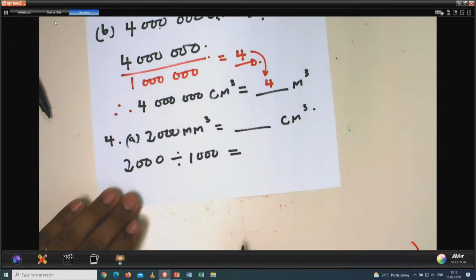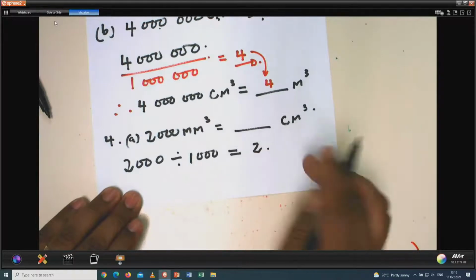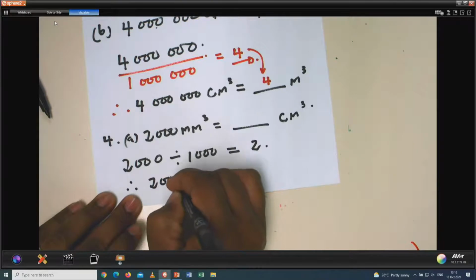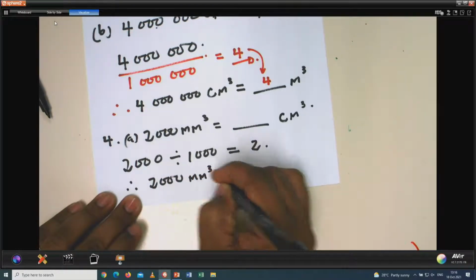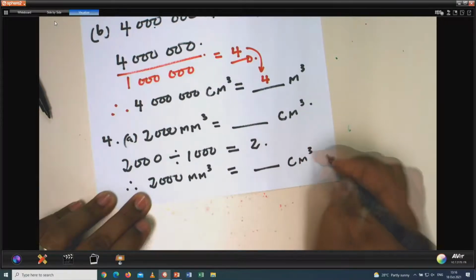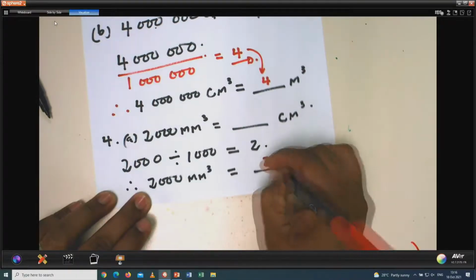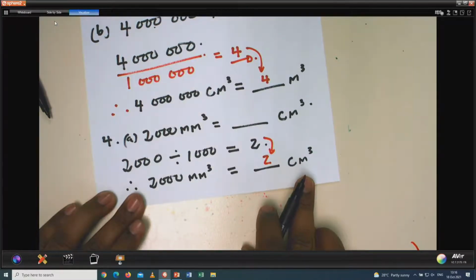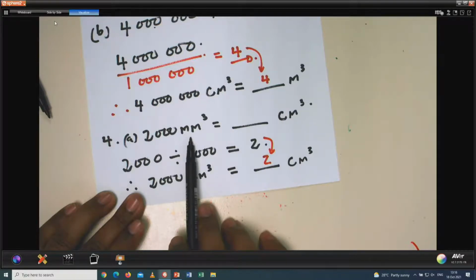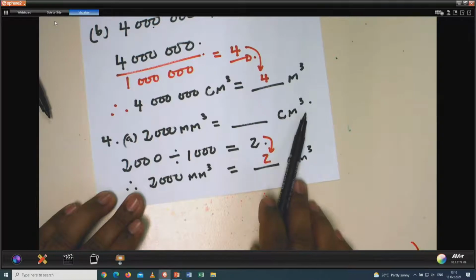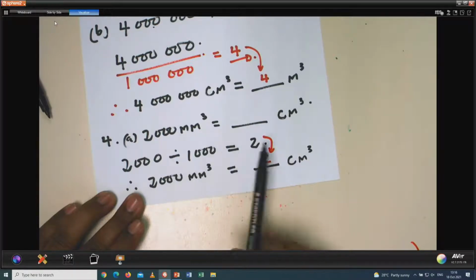And therefore, if I divide 2,000 by 1,000, it will be what? 2. And therefore, 2,000 cubic millimeters will be equal to 2 what? Cubic centimeters. Because if we convert cubic millimeters to cubic centimeters, we will divide by 1,000.